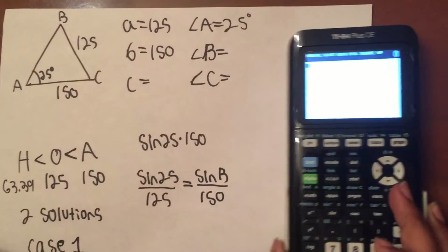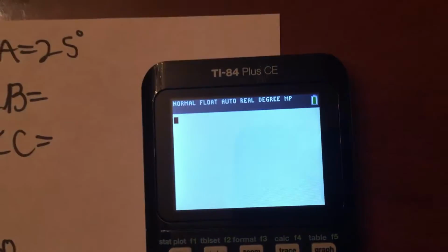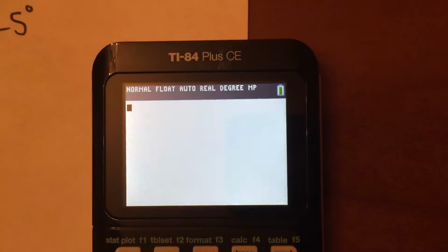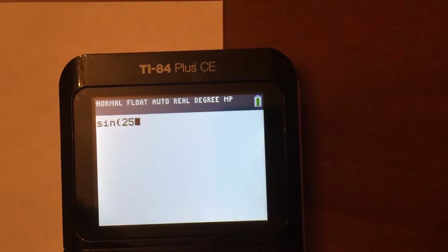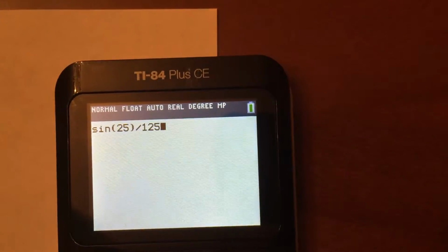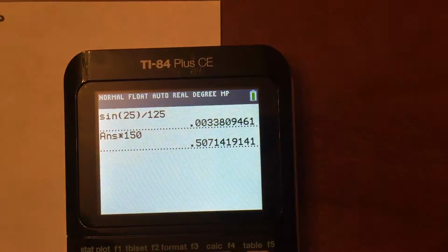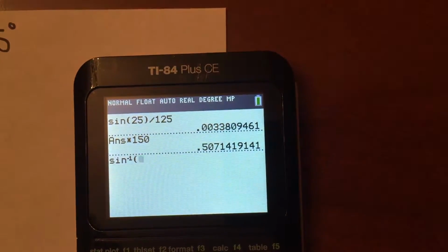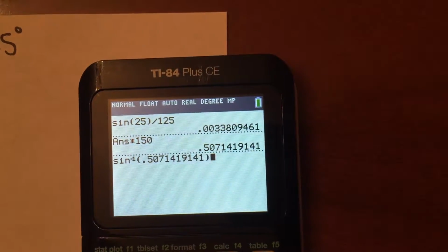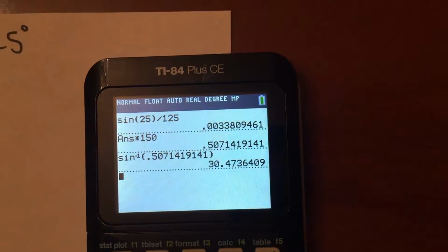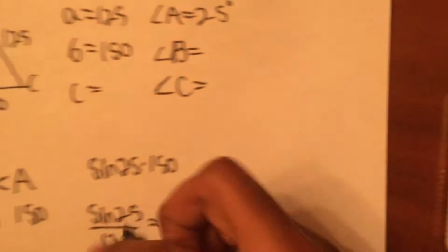You can either cross multiply or just solve it. So we're just going to do sine 25 divided by 125, multiply that by 150, and then you just use the inverse of sine. 30.47 is the angle that you get.